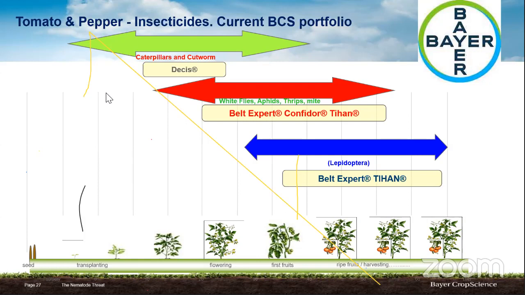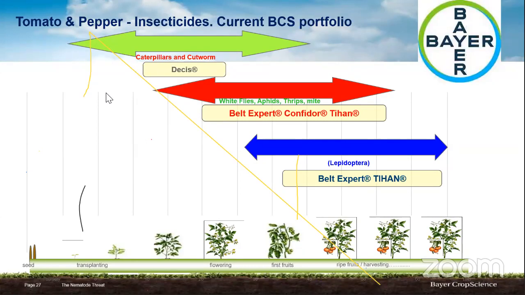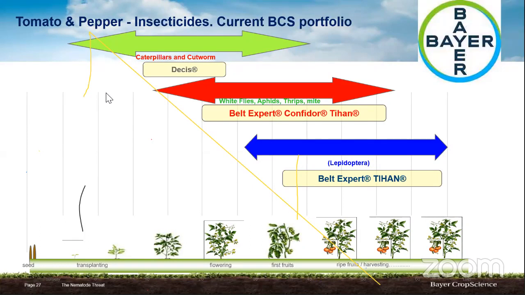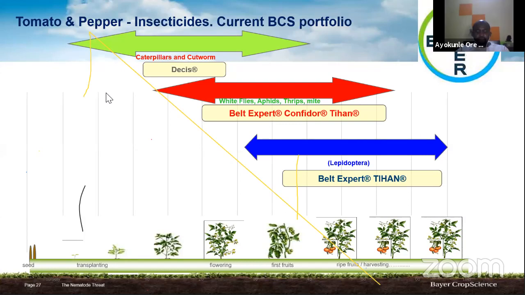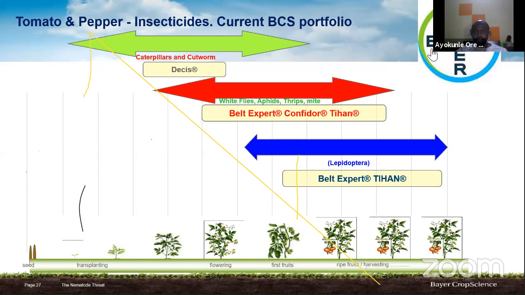What it means is that for every new growing part of the plant, Confido has the ability to move into that new growth. And that is why when you drench your crop with Confido, number one, it kills the pests in the soil, and it also goes into the plant through the roots to protect the crop against early insects, especially aphids, whiteflies, and thrips that will come in to infect your crop.